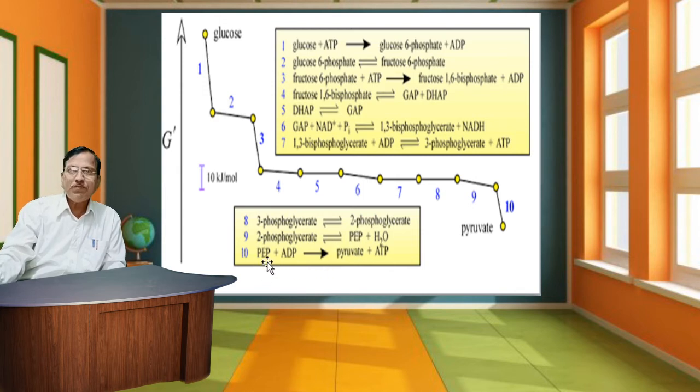In the last, tenth step, phosphoenolpyruvate is converted into pyruvate plus ATP. In this process one molecule of energy is formed, and this energy is utilized to do work. So glycolysis starts from glucose in the first stage and ends at step number 10, which finally converts into pyruvate.